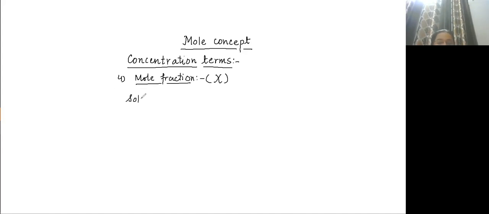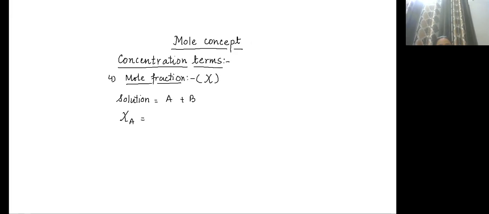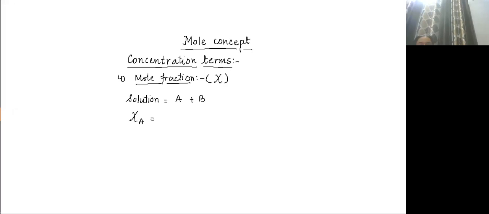If a solution is made up of 2 components, A and B, and you have to find the mole fraction of A, it is moles of A divided by total moles, that is Na plus Nb. And Xb is moles of B divided by Na plus Nb.